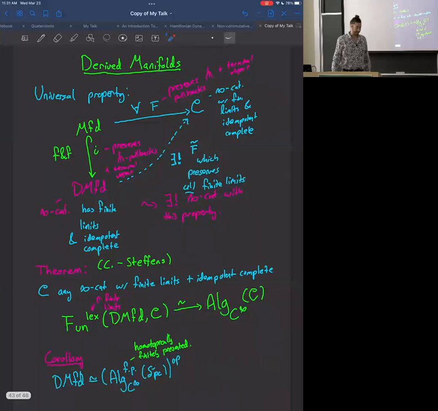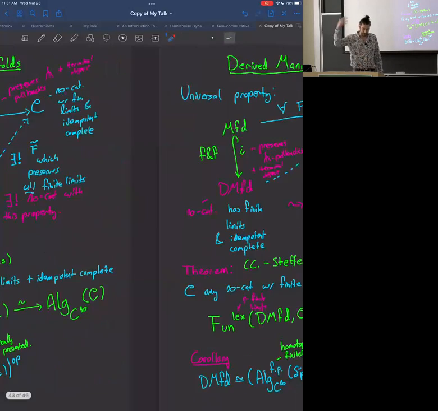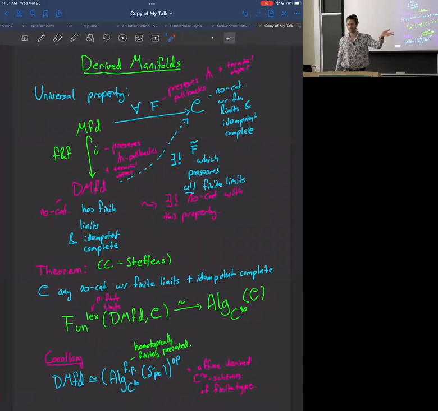So the corollary is that one model for derived manifolds is just the opposite category of homotopically finitely presented DG C infinity rings. Okay, so this just follows by category theory at this point, and that gives you an actual concrete model. So basically, that's the same as just affine derived C infinity schemes of finite type.